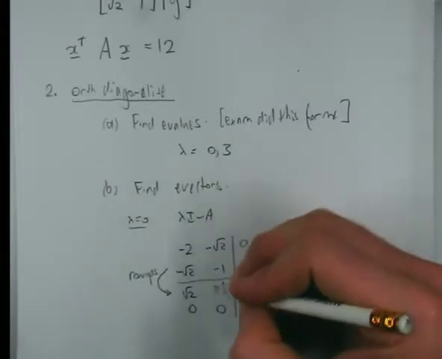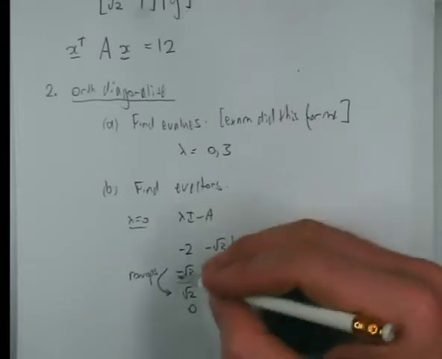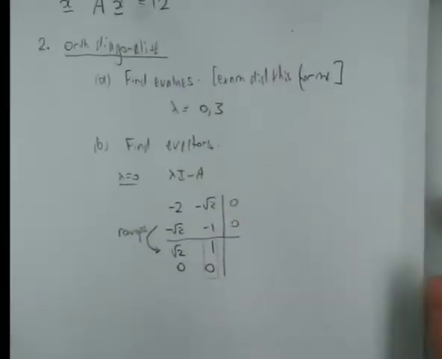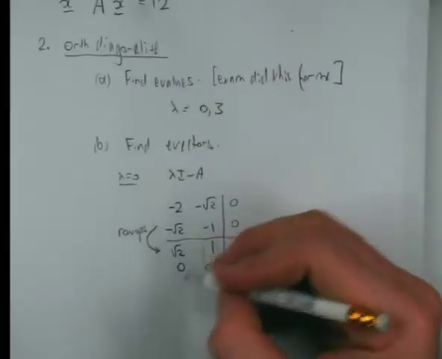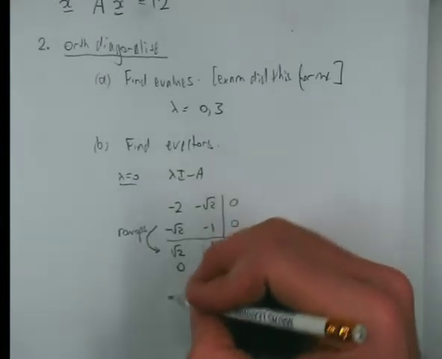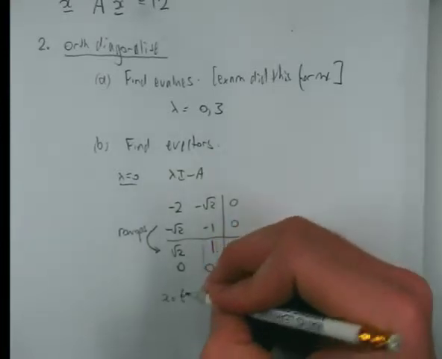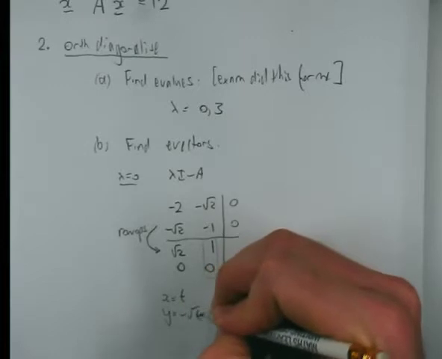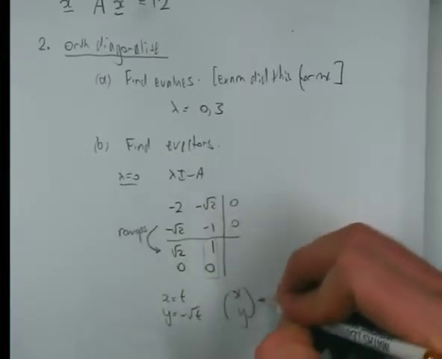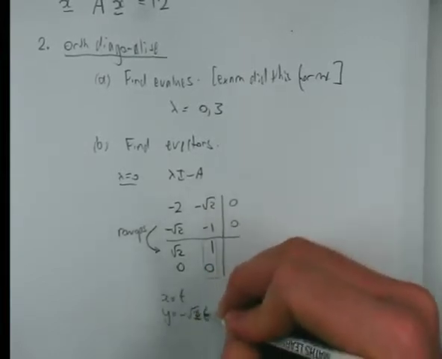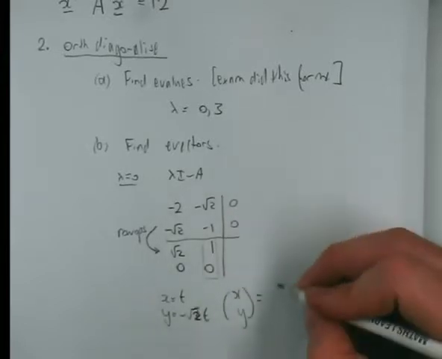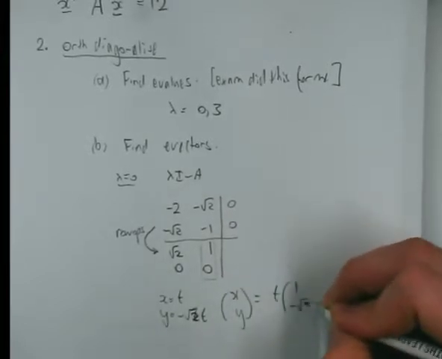Okay, so what I've done is I put my pivot here instead of here because I didn't want to divide by root 2. So my free variable is that. So that free variable will be t, y will be minus root 2 t. So my xy is t lots of 1 minus root 2.